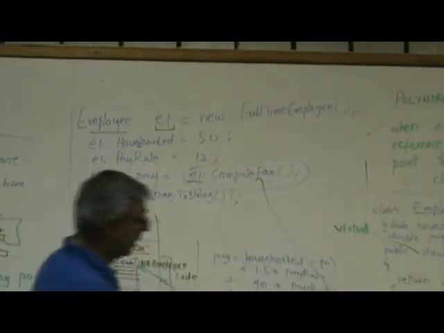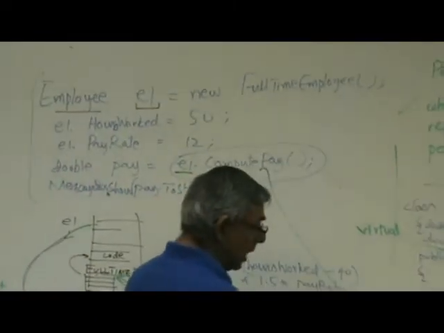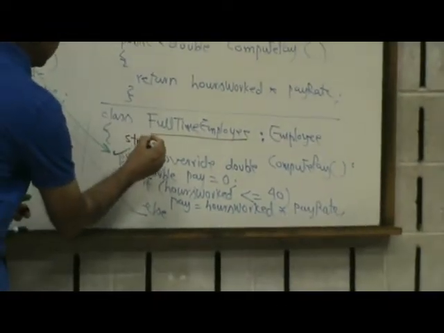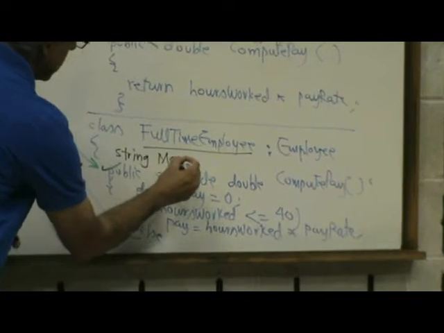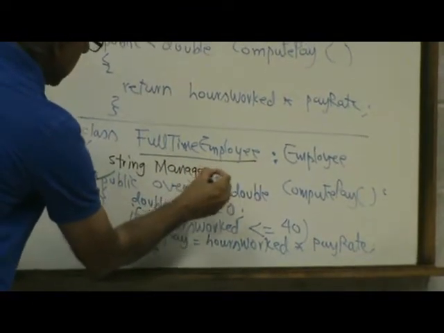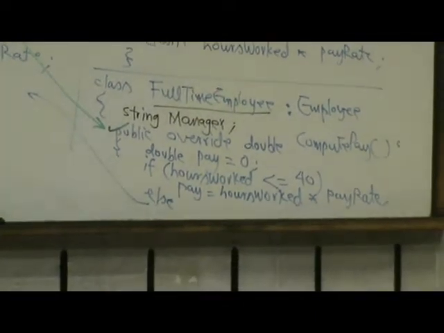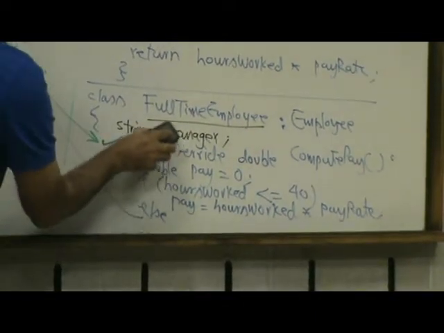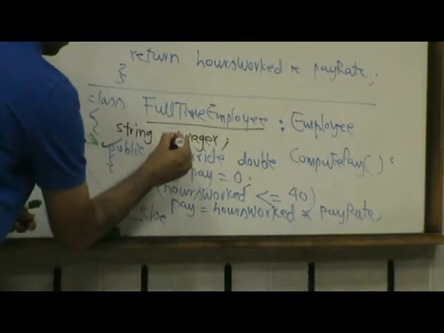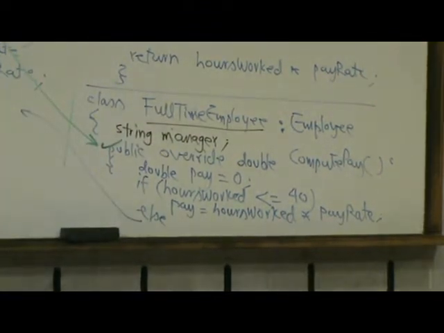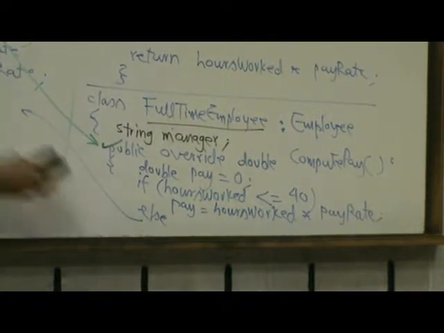For example, let's suppose in the FullTimeEmployee we have one extra field, string manager. So everybody has a manager, so let me make it m with a lowercase. Every full-time employee reports to a manager, right? And again, pretend there's a get and set for it. Okay, so now let's come over here.